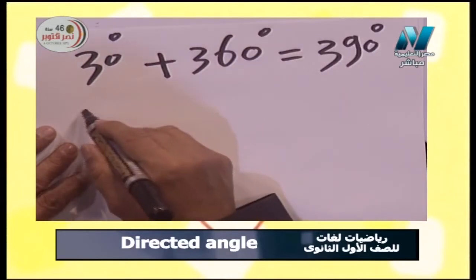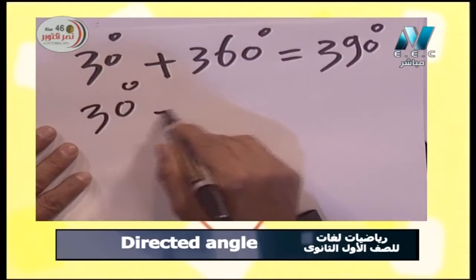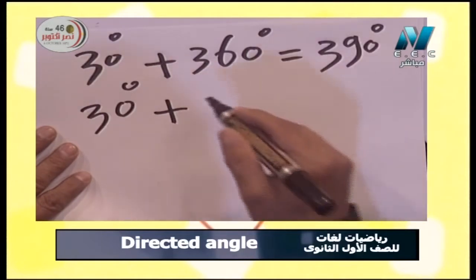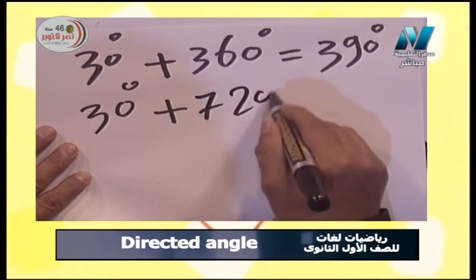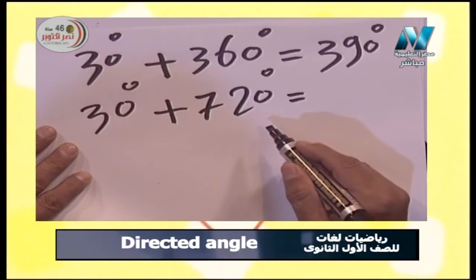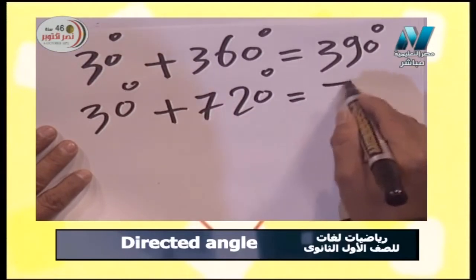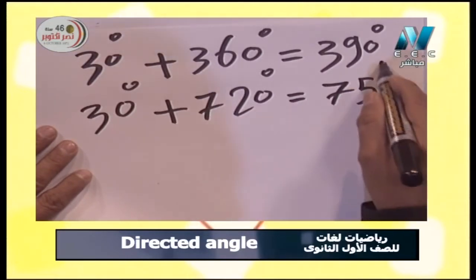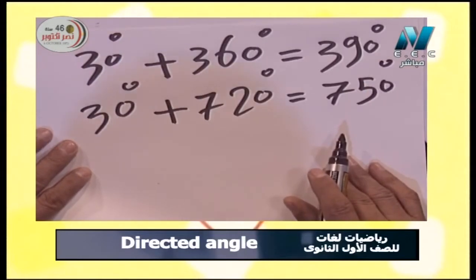And if we want to add two rounds to it, that is 720, and the answer will be 750 degrees, and so on.